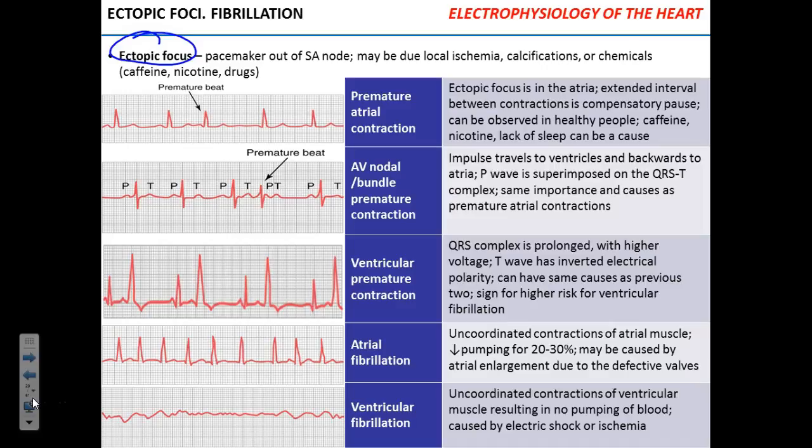Ecto, out of the place. When you have a pacemaker cell, sort of a node, an additional node that does not belong to the chain that we outlined: SA, AV, bundle, and then Purkinje fibers.